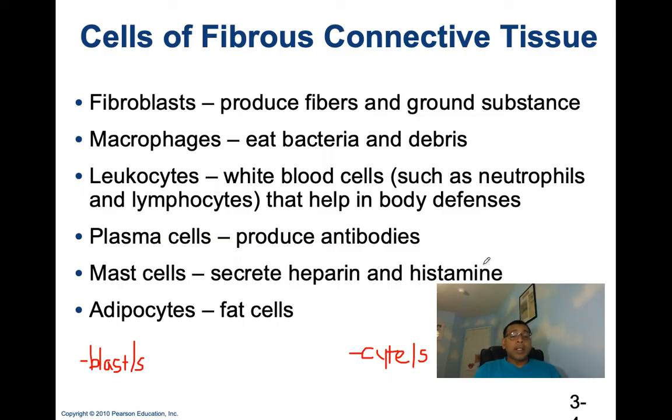And also they contain protease, which is basically protein digesting enzymes.